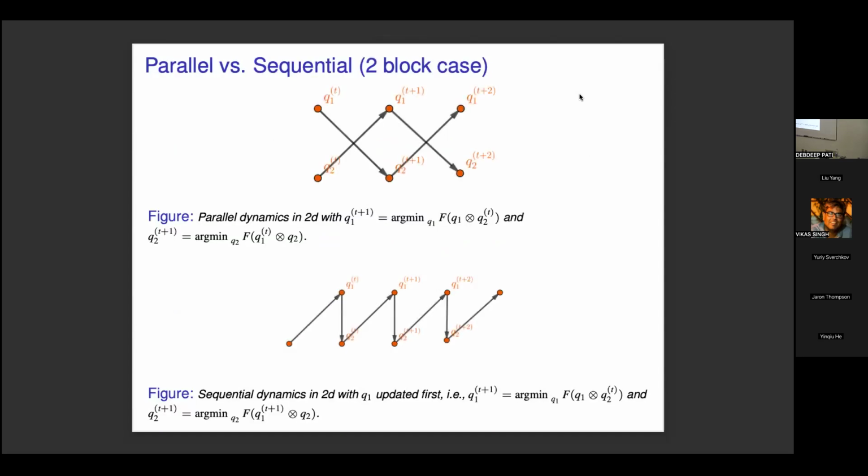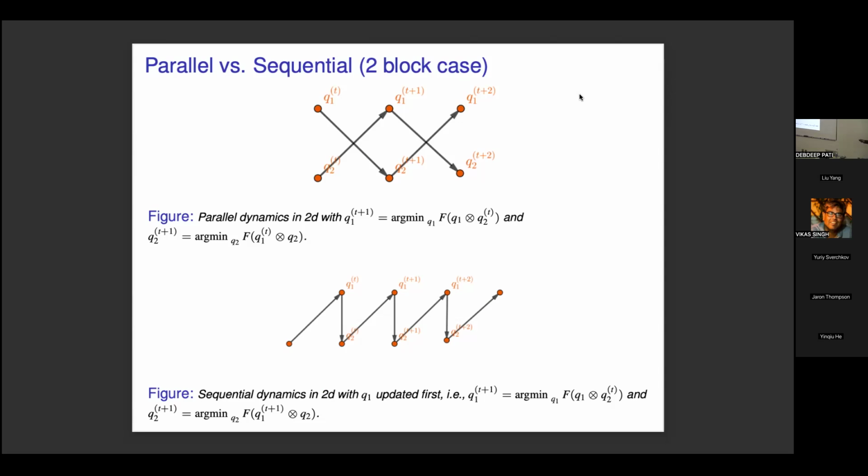Now, let's look at two versions of the coordinate ascent algorithm. Depending on how you update the individual coordinates, you can either choose to update Q1 and Q2 at time point t to Q1 and Q2 at time point t plus 1 globally, or you can choose to update them sequentially, meaning that you update Q2 given Q1 and then update Q1 again based on the most recent value of Q2.